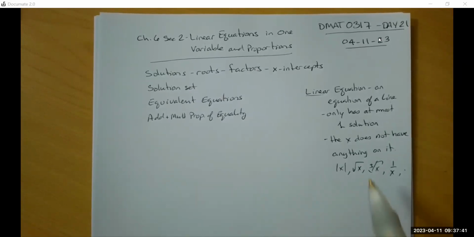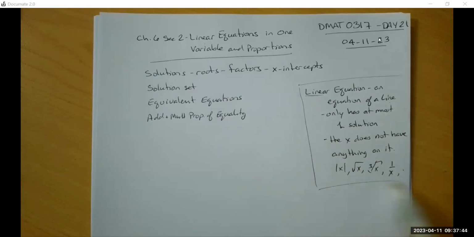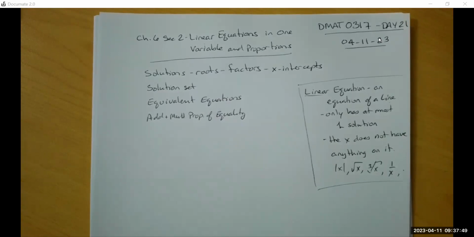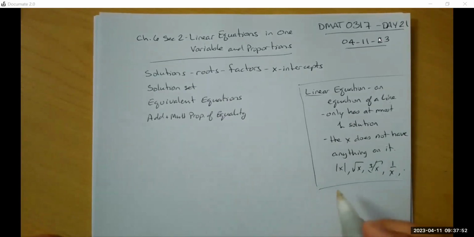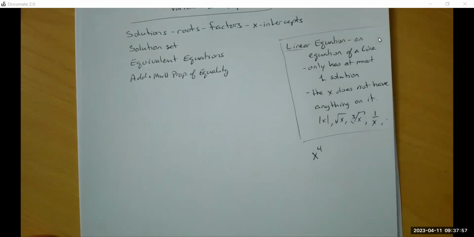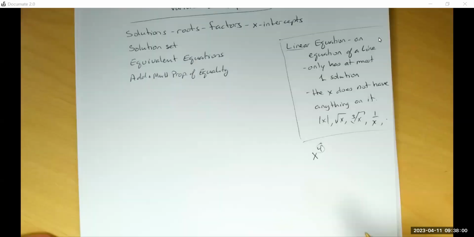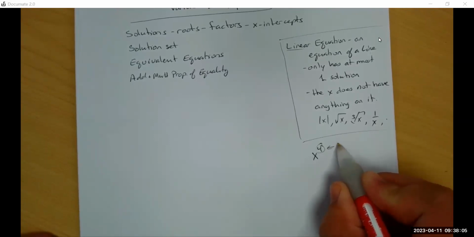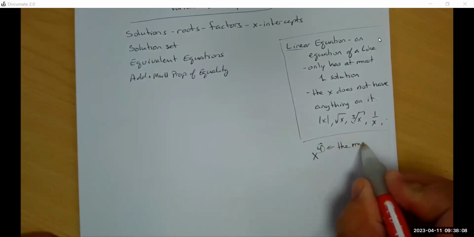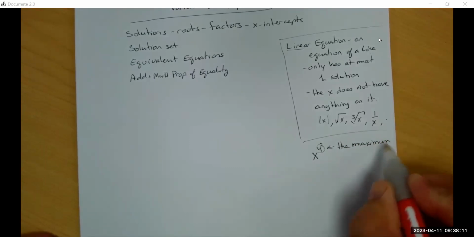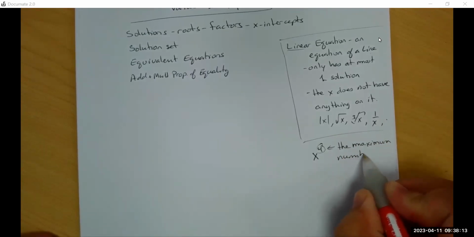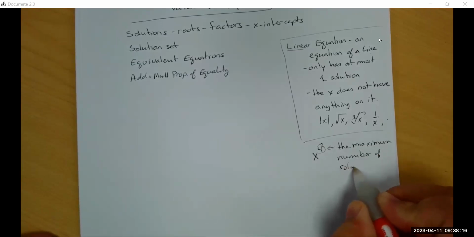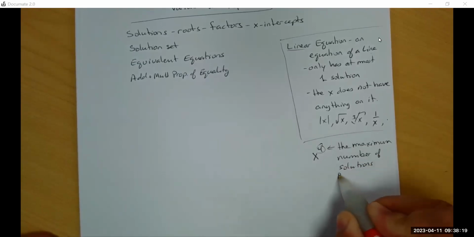So that's what linear equations are. That's what we're dealing with in this chapter. Pretty much, eventually what you'll see in mathematics is that if x has any exponent, any power, this power tells you the maximum number of solutions possible.